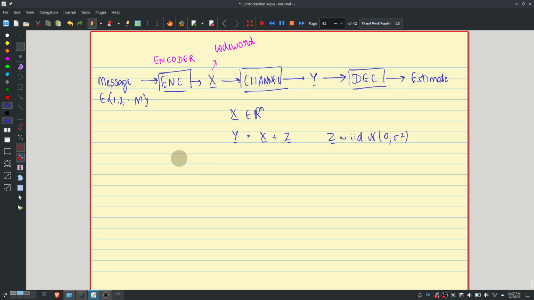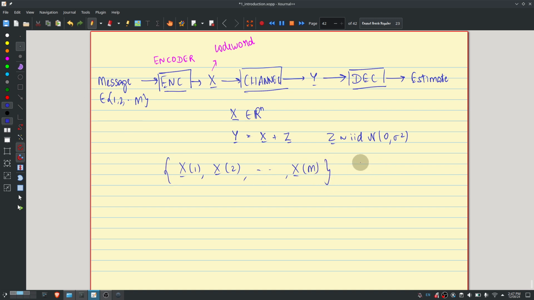So one way to think about this is, you have code words x of 1, x of 2 up to x of m. Right? For each message you have a different code word that is somehow designed. Your goal is to design this.